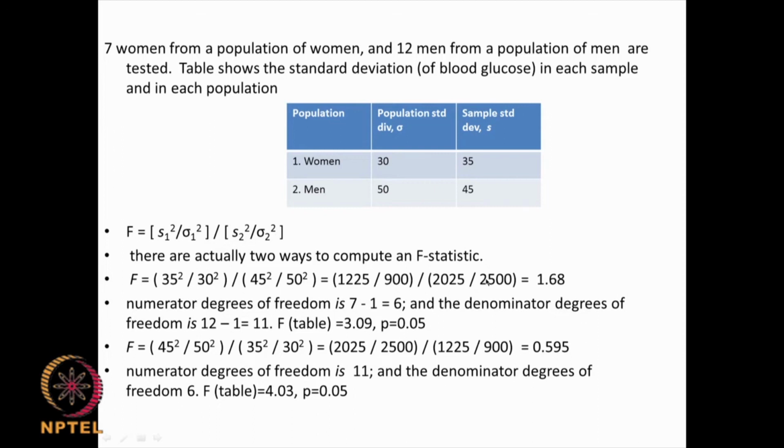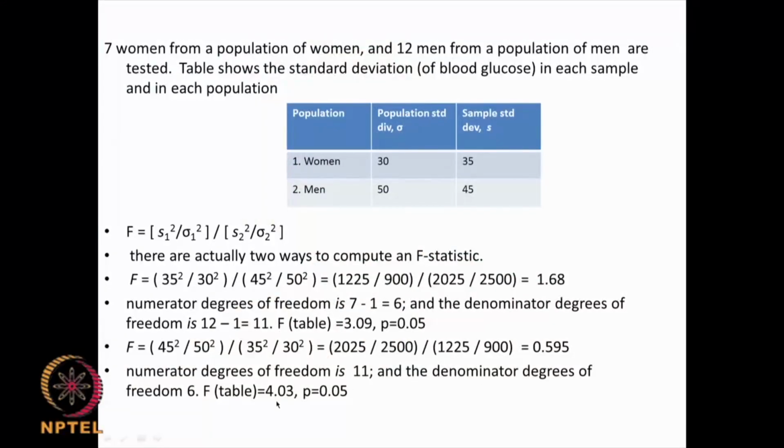I can put numerator as denominator or denominator as numerator, but when I look into the table, I look at the corresponding DF in a proper way. So, here I look at 11 and 6 instead of 6 and 11. If I go to the table, 11 and 6 is on the next page, so it is 4.03, you understand. So, we get 4.03.